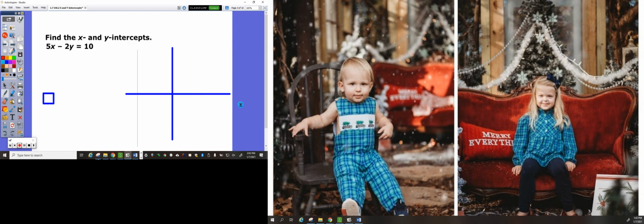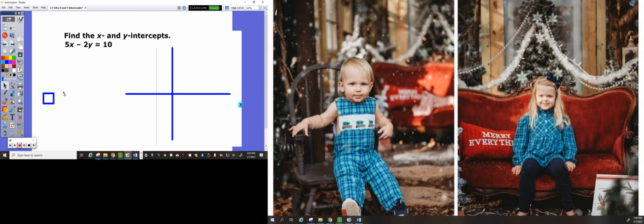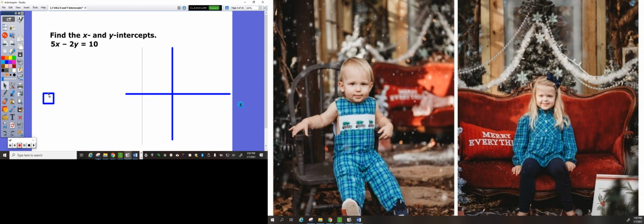So, then we go to an equation. Okay? Now there's going to be two ways that we're going to look at doing this. The first way is to say, okay, if I am looking for my x-intercept, anywhere along this x-axis, what's the value of my y? 0.